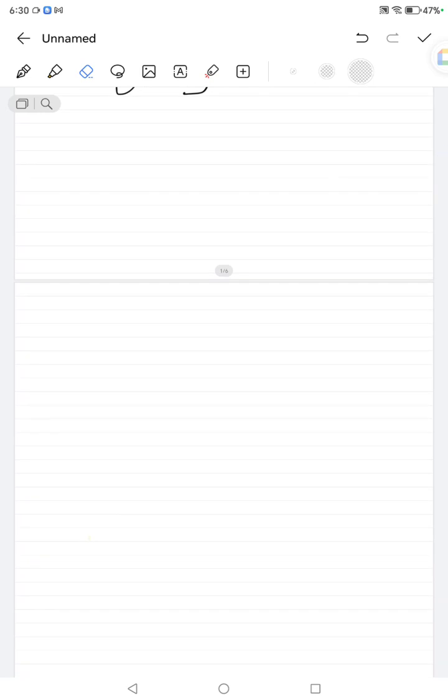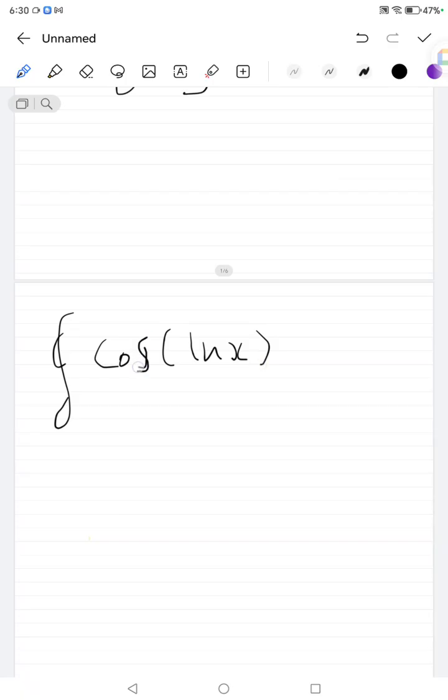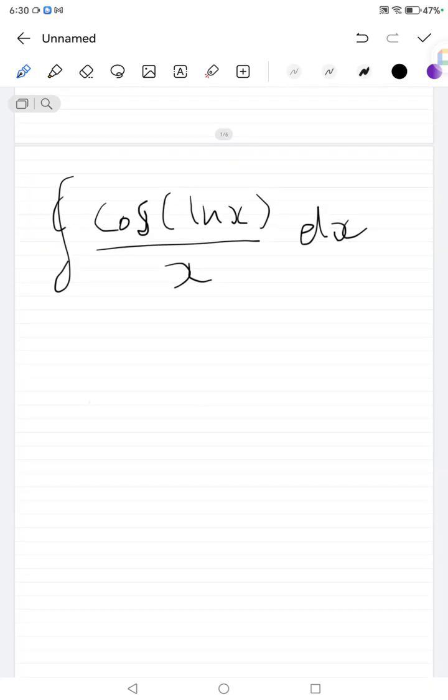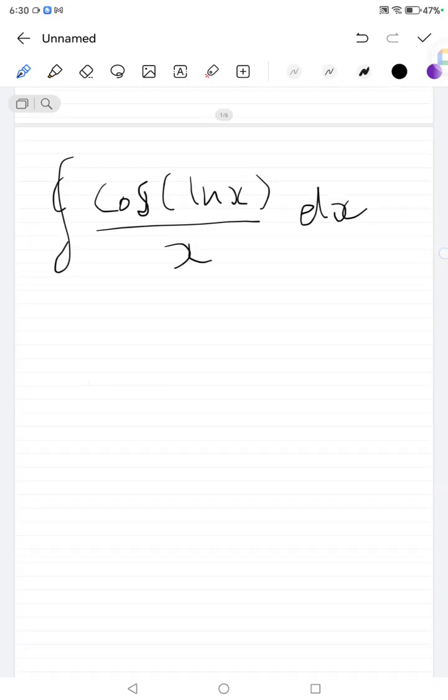So what do you have? It was this. You have your cos of ln of x, then over x, your dx. Then as I said, you look at the top and the bottom, then you let your u be equal to your ln of x.